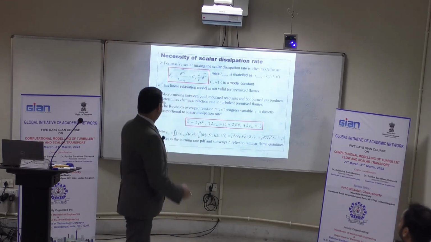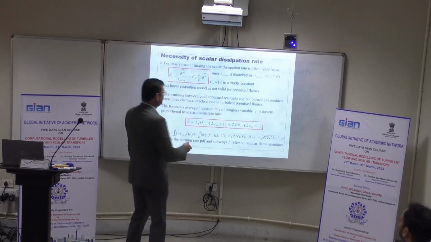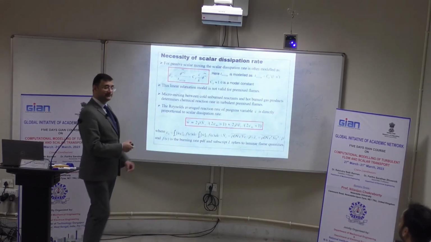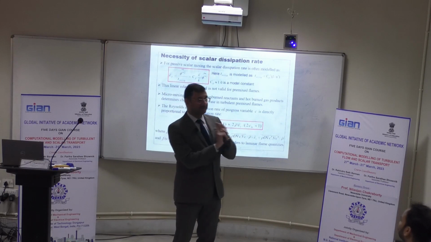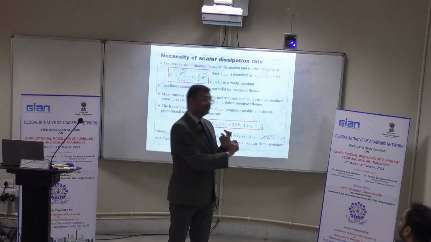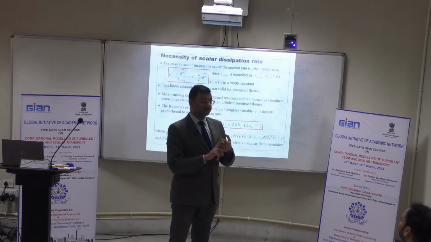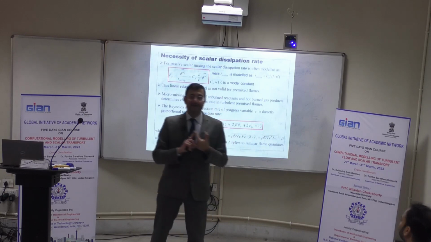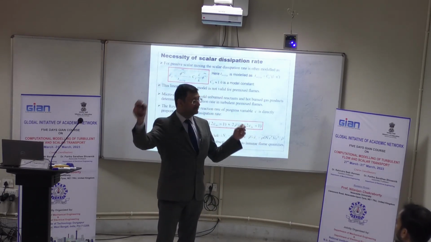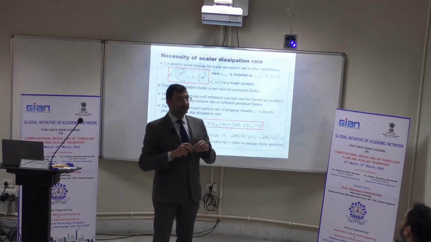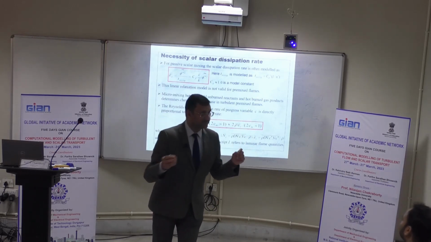And if you consider the Reynolds averaged reaction rate of the reaction progress variable, you remember I told you that you can define a reaction progress variable based on either a reactant mass fraction or a product mass fraction such that it takes a value of 0 in the unburned gas and unity in the fully burned gas. So it's a kind of a reduced species mass fraction.